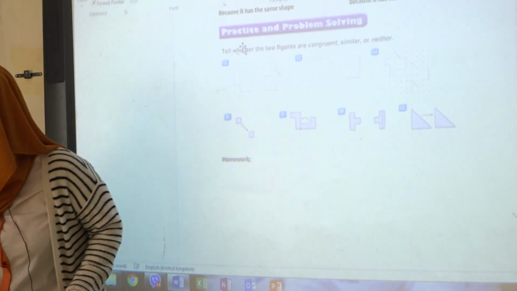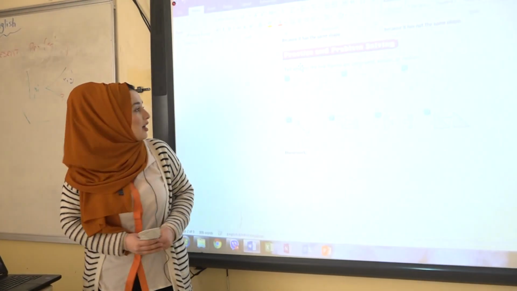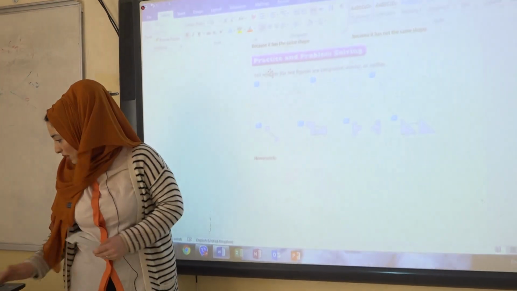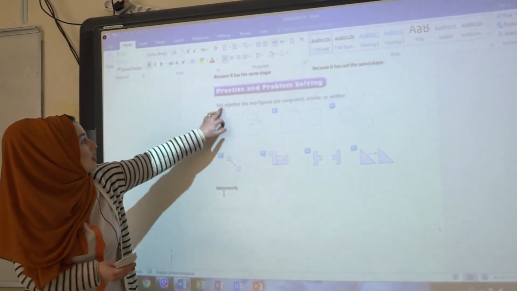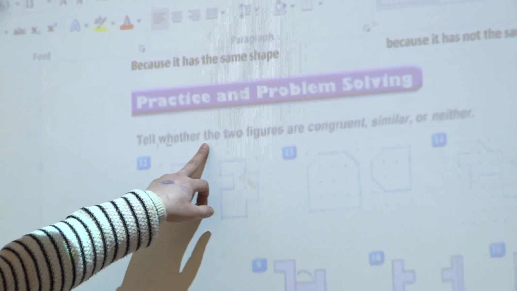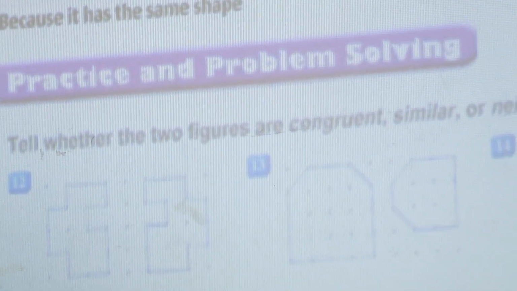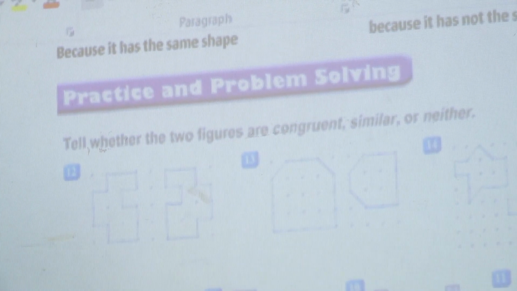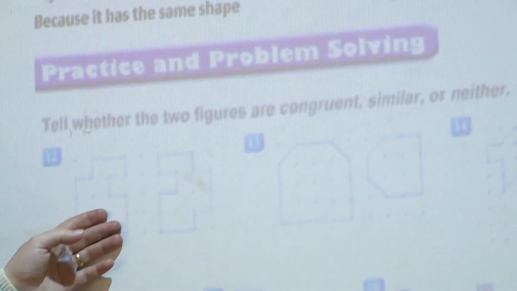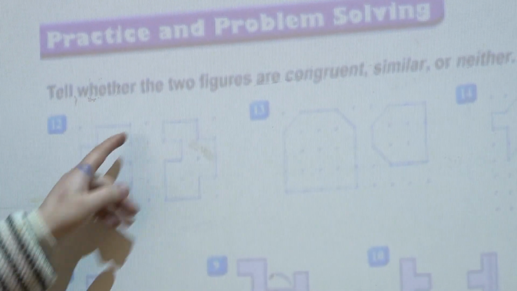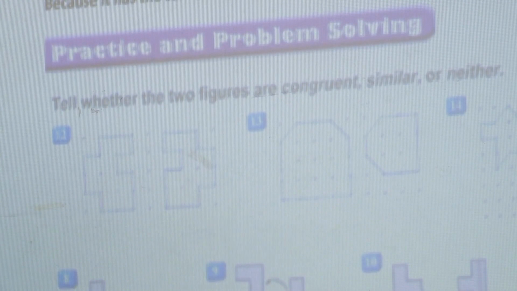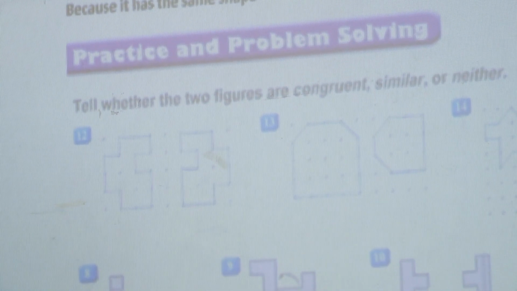So we solve many practice and problem-solving questions. In the exam, I ask you to tell whether two figures are congruent, similar, or neither. Look at this example first. They have the same shape and the same size. This is congruent.